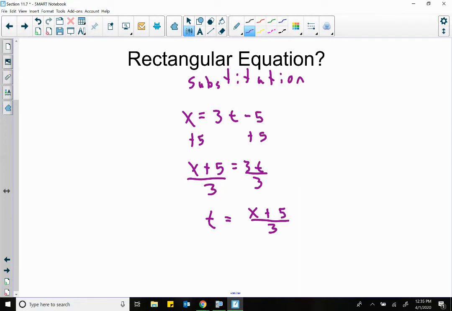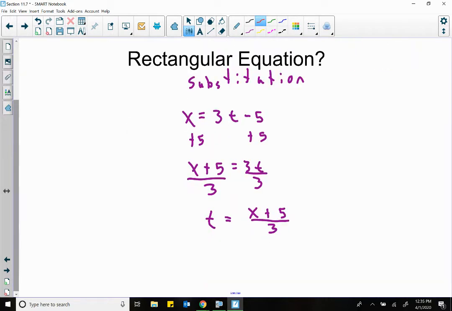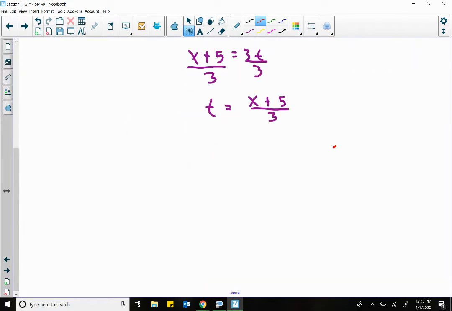We can plug that into the y value, and that will give us our rectangular equation because we will no longer have t. We'll have y equals x plus 5 all over 3 squared. So all we have to do is square that information.